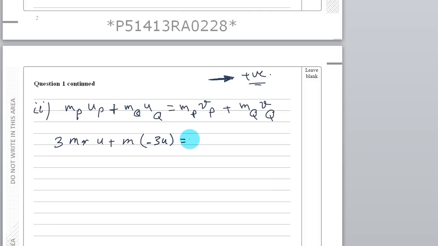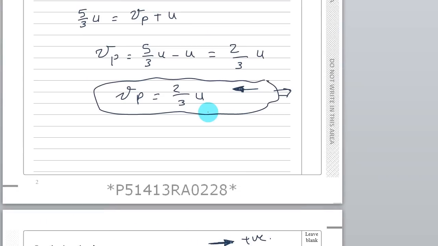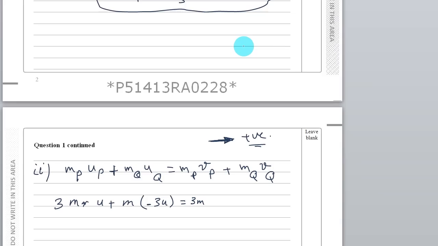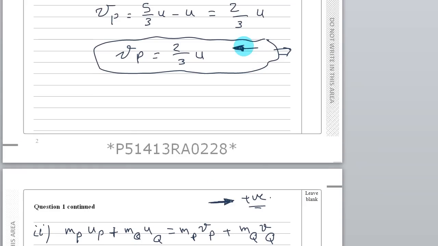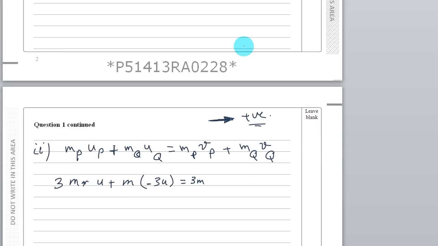Equal to mB again is 3m, times VB. From the previous result, VB is positive, but now it will be negative, so minus 2/3 u, plus mQ, which is m, times vQ, which we don't know.